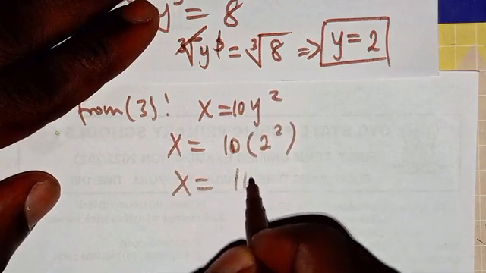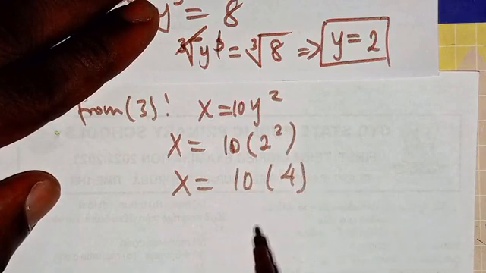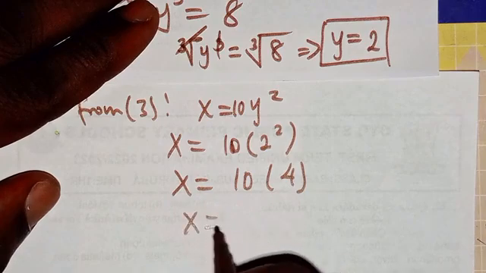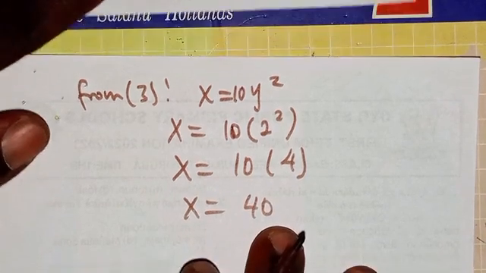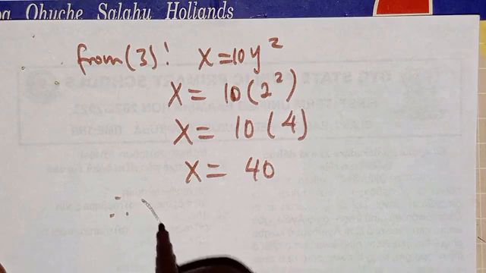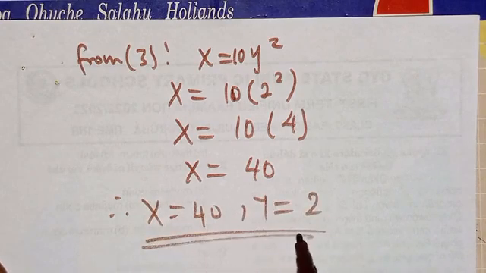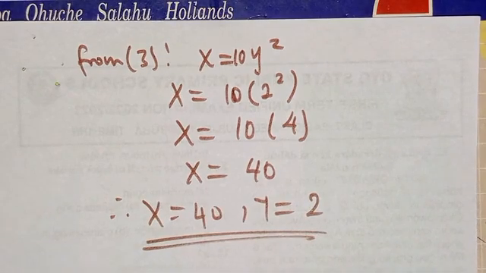So x equals 10 multiplied by 4, then we have x equals 40. That is that. So lastly, we have x equals 40 and y equals 2, and these are the solution to the problem.